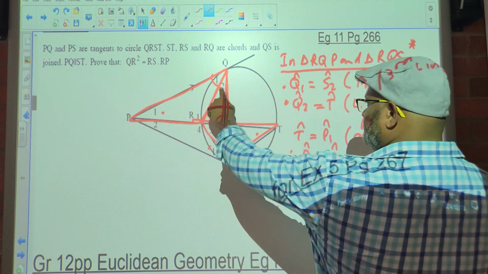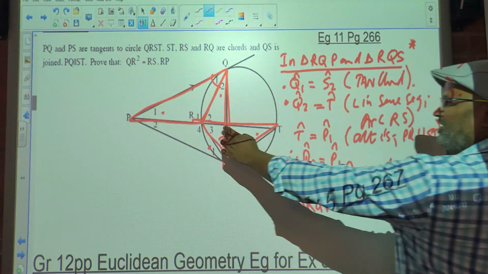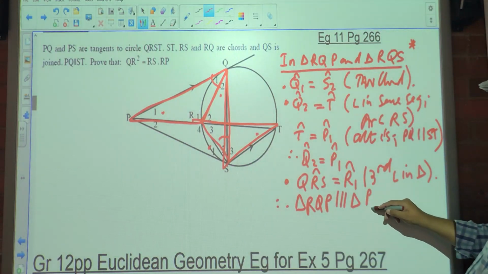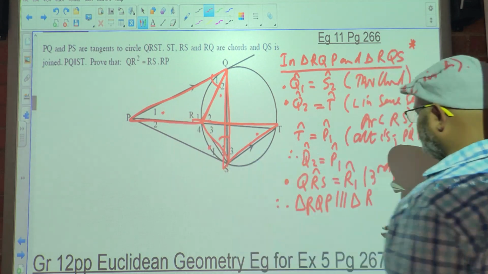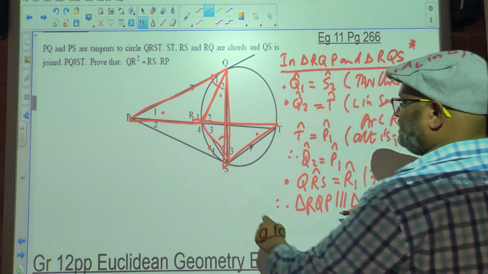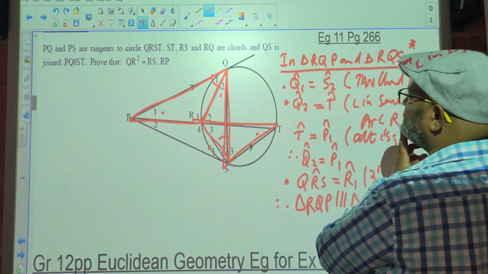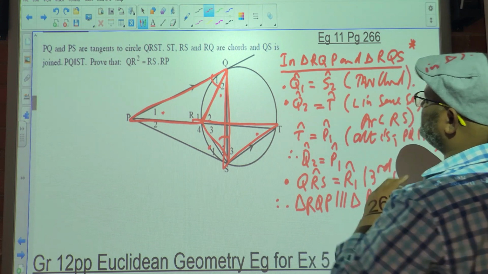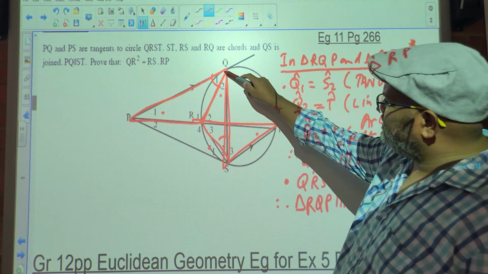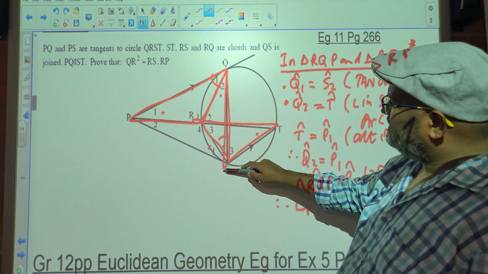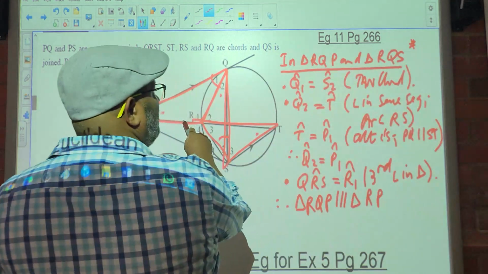So R corresponds with R. Can you see that? R corresponds with R. Then Q corresponded with P1. And then P.